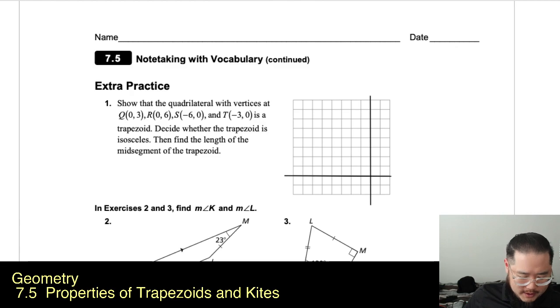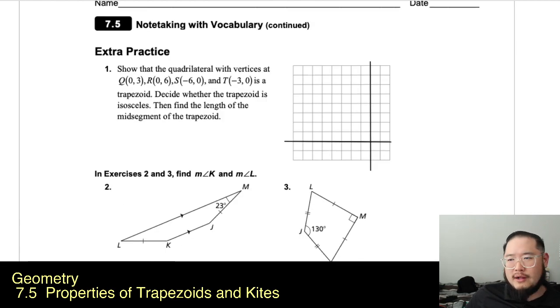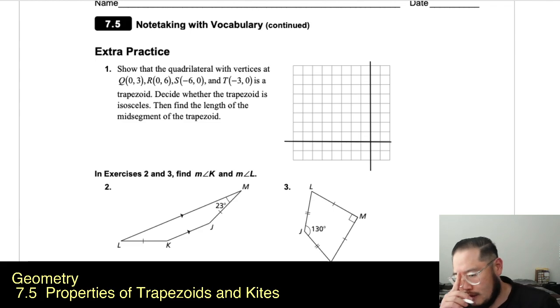All right. So now we've got all of our different parts here. Let's take a look at some questions. So let's take a look at number 1. It says show that the quadrilateral with vertices Q, R, S, and T is an isosceles trapezoid. So let's go ahead and plot some points right here. At 0, 3, we have Q. We have R at 0, 6.